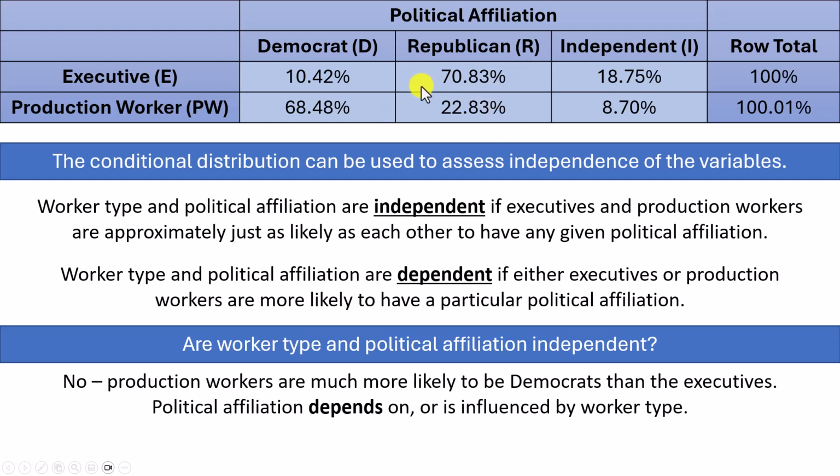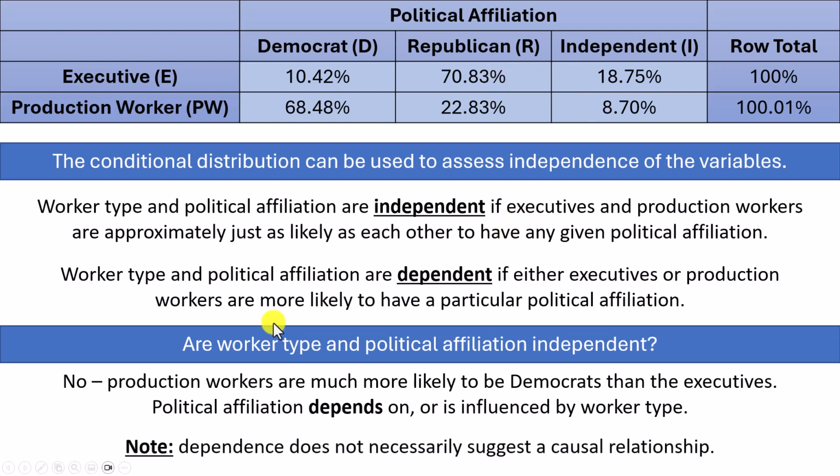The executives are much more likely to be Republicans than the production workers, so we have a big difference here as well. And same with the independents. We have a big difference between the percentage of executives who are independents versus the production workers. So no matter where we look, we see a big difference between the executives and production workers. So that's going to lead us to saying that these are most likely dependent variables. If they were independent, we would see very similar percentages in each column.